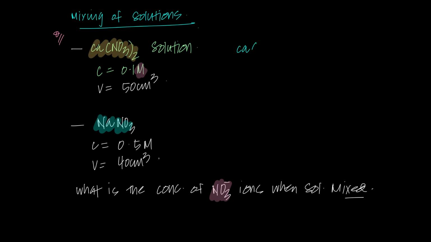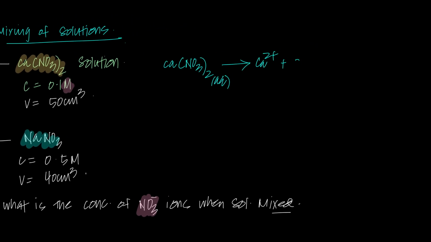If you have aqueous calcium nitrate, you have one calcium ion, and for every one calcium ion, you have two nitrate ions. For sodium nitrate, for every one sodium ion, you have one nitrate ion.